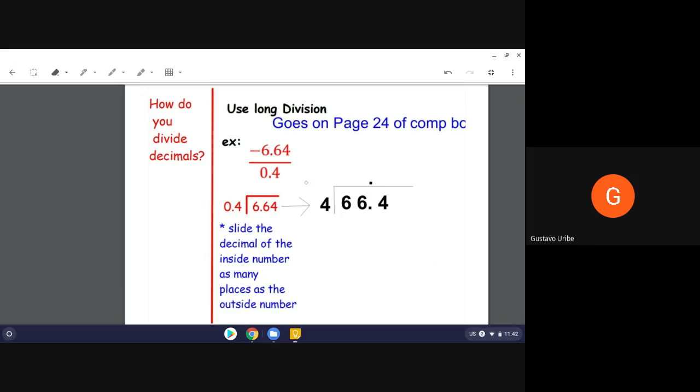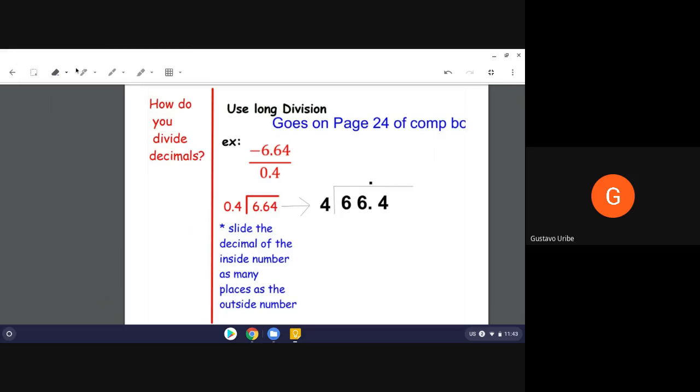It tips over. Now, before we can divide, we need to go ahead and move the decimal to the end of this number right here. Any number that's outside of your long division house cannot have a decimal, or the decimal has to be at the very edge.